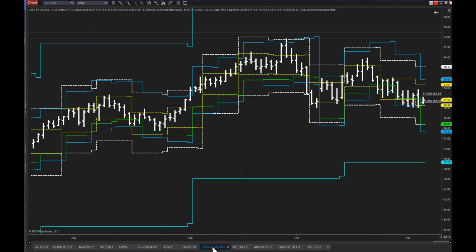Here's the 7 day spreads, and we're right in the middle of these distributions. So we have a long way to go. Right in the middle of the ones. The 8 day ones are the yellow, and so we haven't even gotten out of the straddle between the 8 day one and the 7 day three.